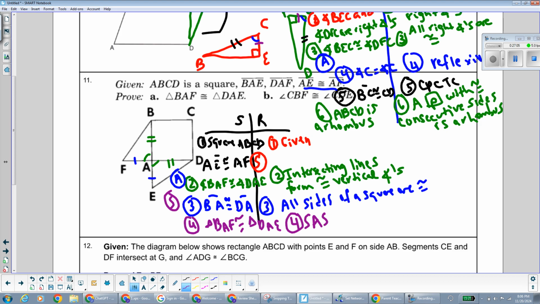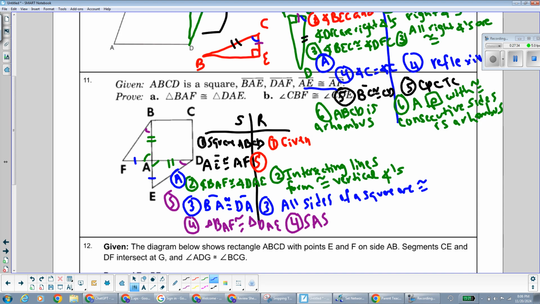Next, we need to prove that angle CBF, that's this whole big angle over here, is congruent to angle CDE, this whole big angle over here. Well, since these two triangles are congruent, we can CPCTC this angle and this angle because they're corresponding angles. All angles of a square are congruent as well.